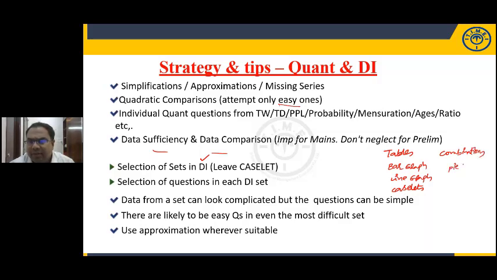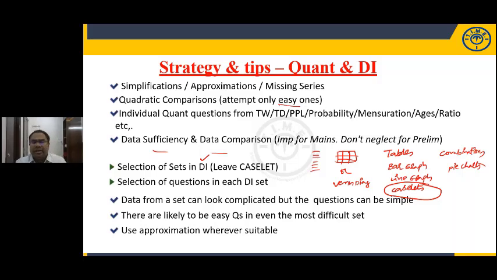Out of all these, I'm saying ignore caselets. Caselet is raw verbal data given in paragraph form. You have to capture this data in the form of a table or in the form of a Venn diagram, depending on number of variables. Then you have to solve. See, when a table is given, let's say bar graph is given, line graph is given, pie chart is given, data is readily available.